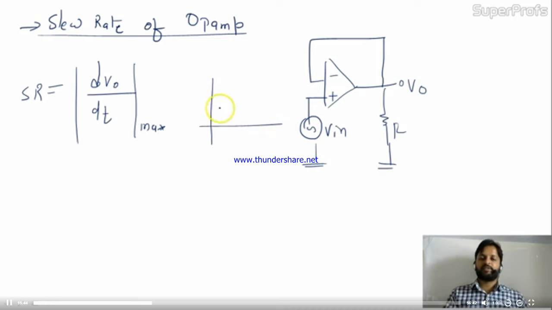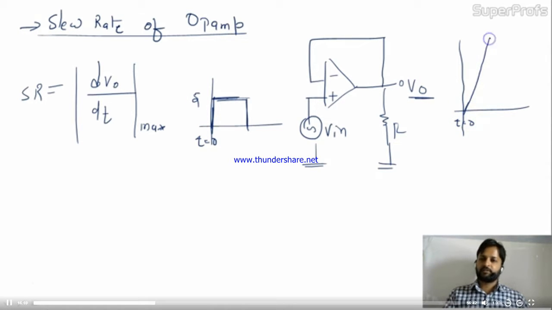Suppose at the input stage at V in you are applying a step input of 5 volts. Means at t equal to 0, you have just applied 5 volts to the circuit. But in the output, you will not get the same thing suddenly at t equal to 0. It will take some time.